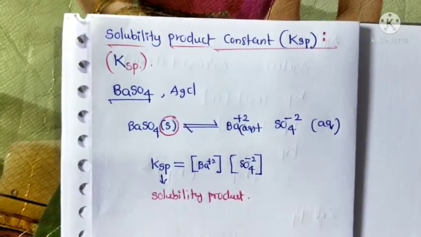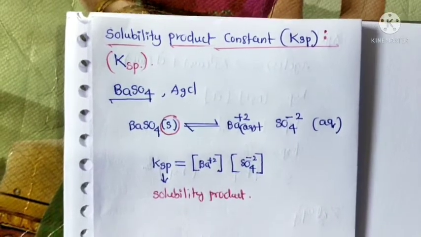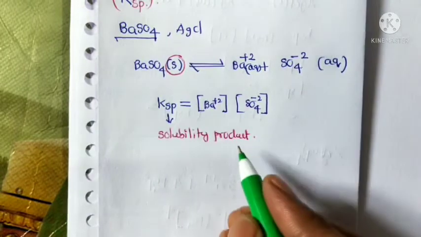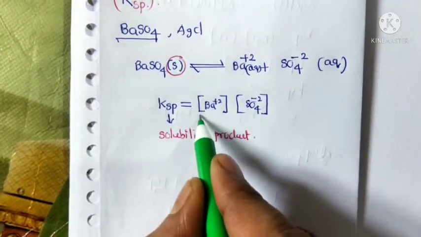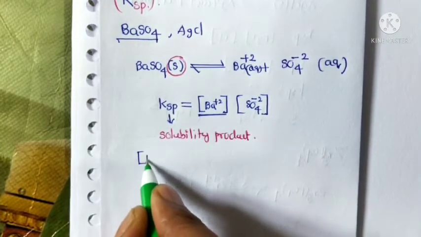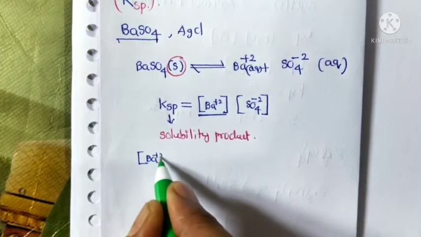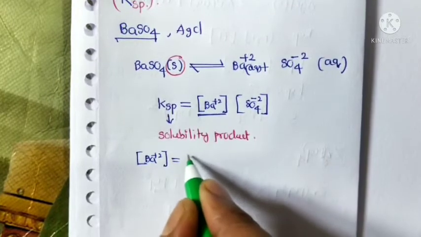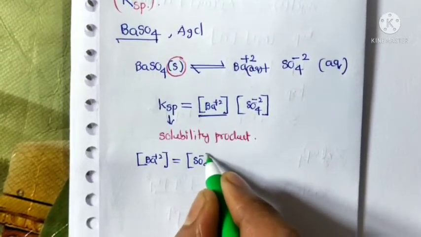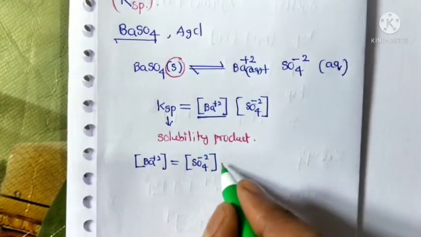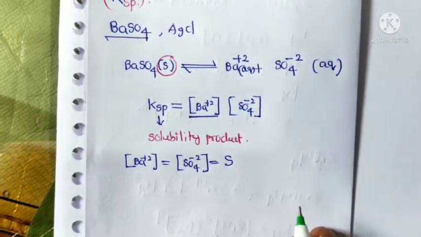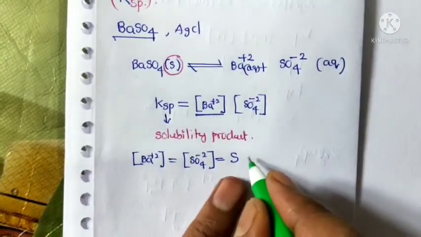Okay, so now here one thing is important. From the solubility product we can determine the solubility of a solid. So the barium ion molar concentration is exactly equal to the sulfate ion concentration, which is equal to S, meaning molar solubility.